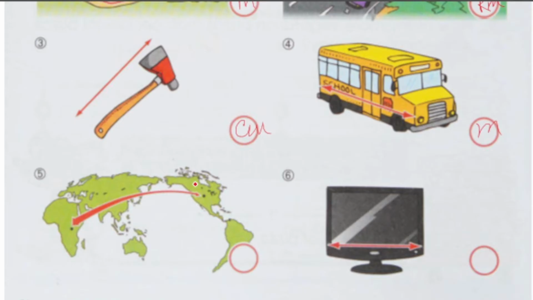And this is a map of the world. The distance between two continents can be measured only in kilometer. This is the width of a TV, which can be measured in centimeter.